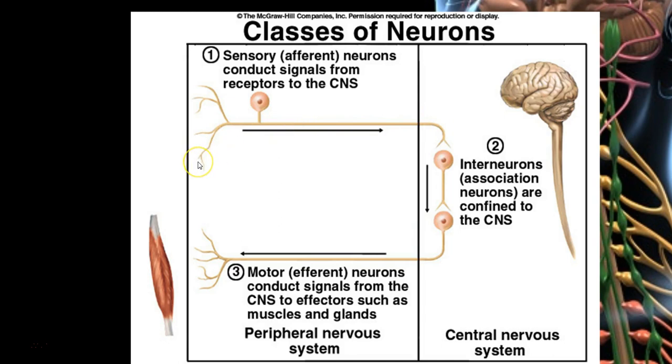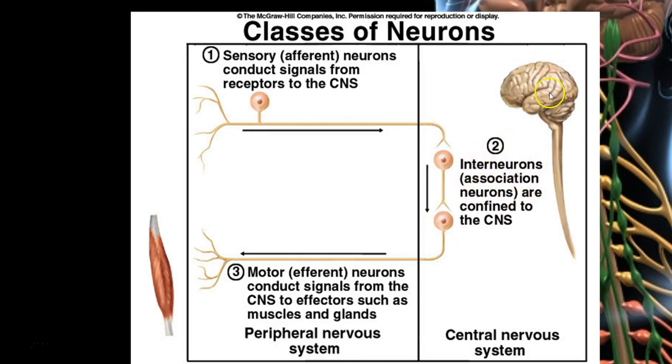So if it was down on your little toe, it would have to travel some distance up your leg before it plugged into an interneuron, and it would have plugged into the interneuron at the base of the spinal cord. Any other nervous impulses that are sent within this brain and spinal cord will be passed between interneurons.